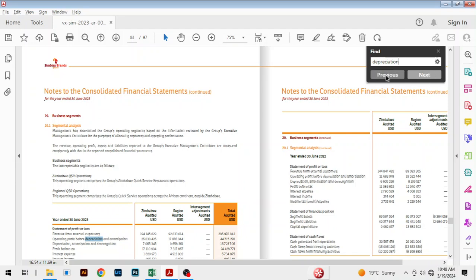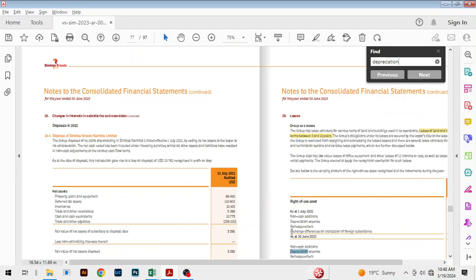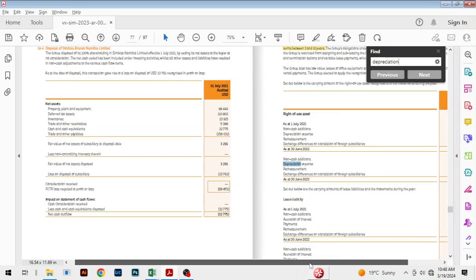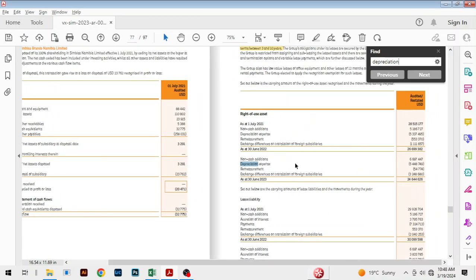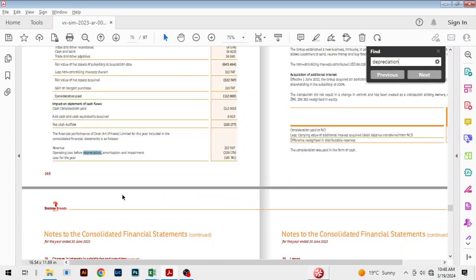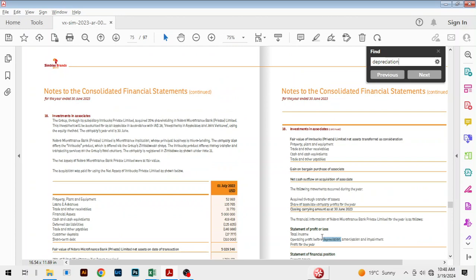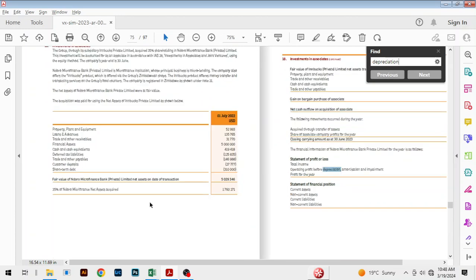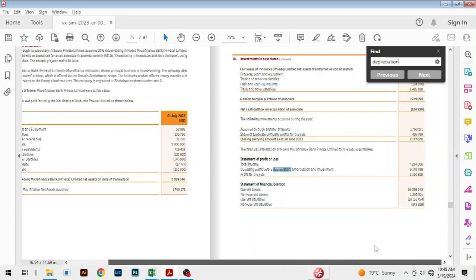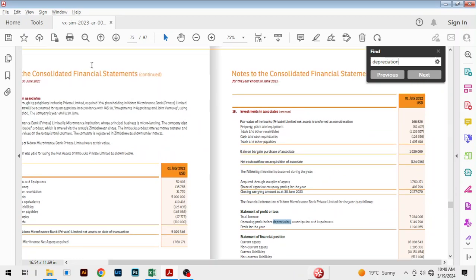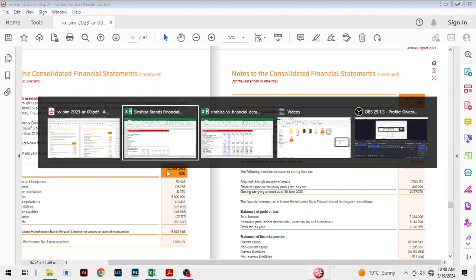Okay, so if we press previous, you see that we have got depreciation for right of use assets, and we also have got depreciation for property, plant and equipment. Okay, so that has been aggregated in the income statement. So let's just go back here.